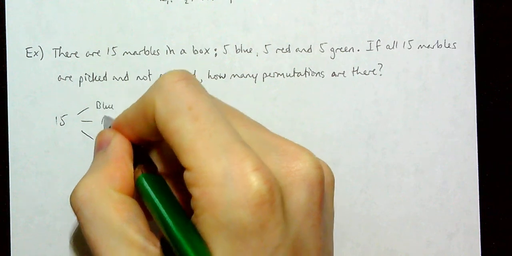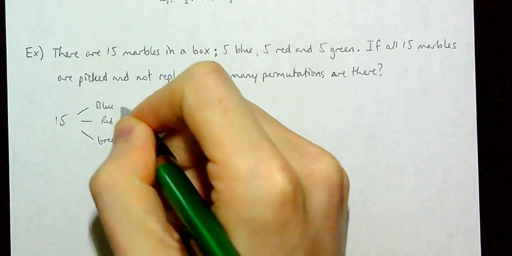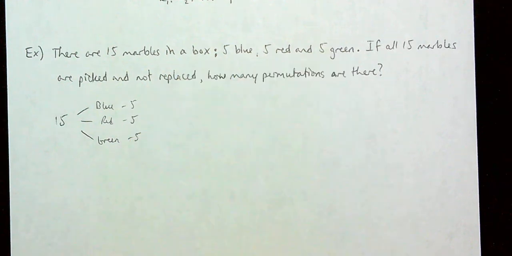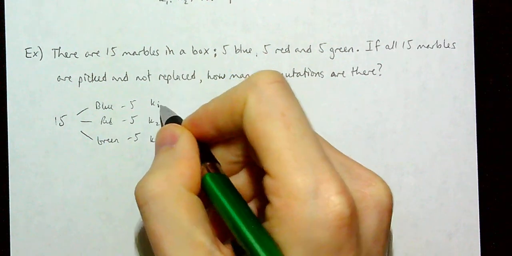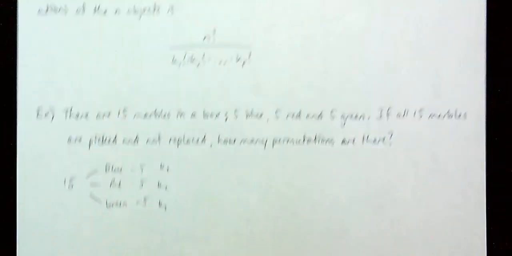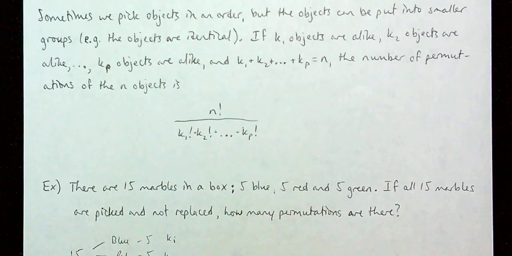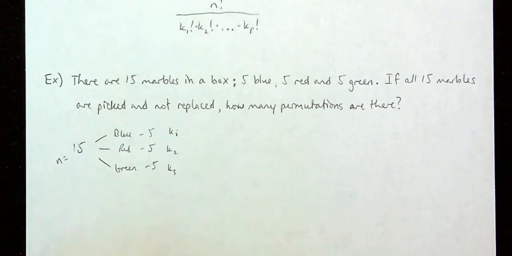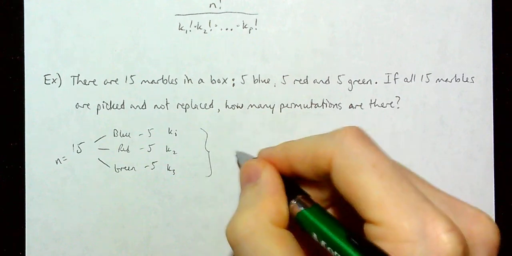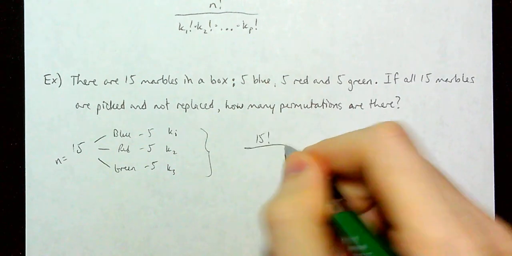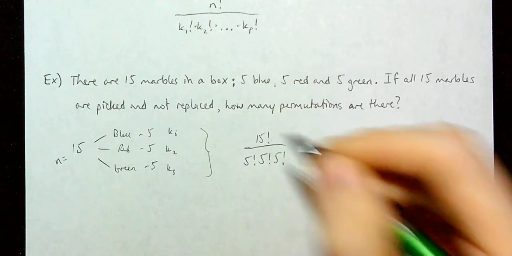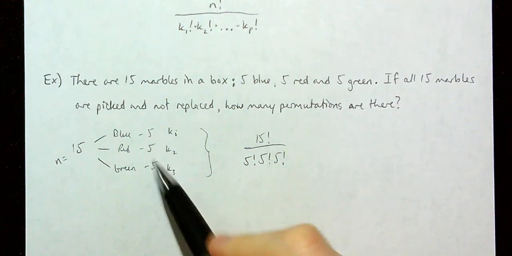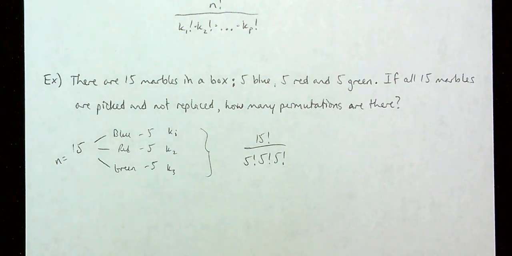There's blue, red, and green, each one having 5. So these are like our K1, K2, and K3 in the formula that we have written right here. The total number of objects, 15, that's our n. So the number of permutations is going to be 15 factorial divided by 5 factorial times 5 factorial times 5 factorial, because we have 5 of each color.